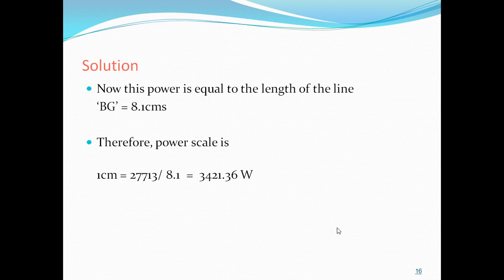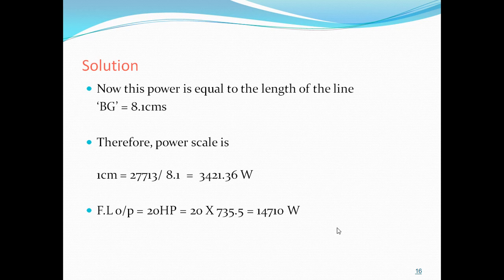Therefore the power scale is equal to the short circuit power which you calculated at full load divided by this BG. So that is 27,713 by 8.1, that is equal to 3,421.36 watts per centimeter.